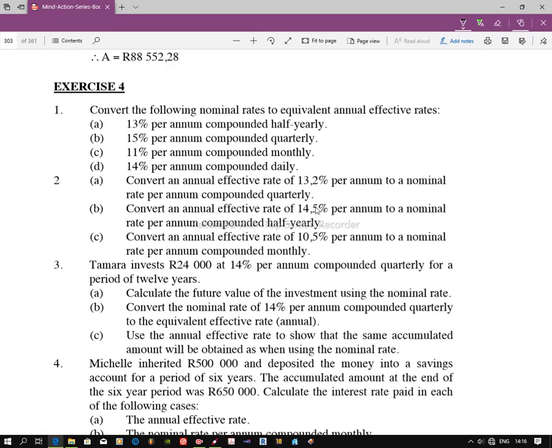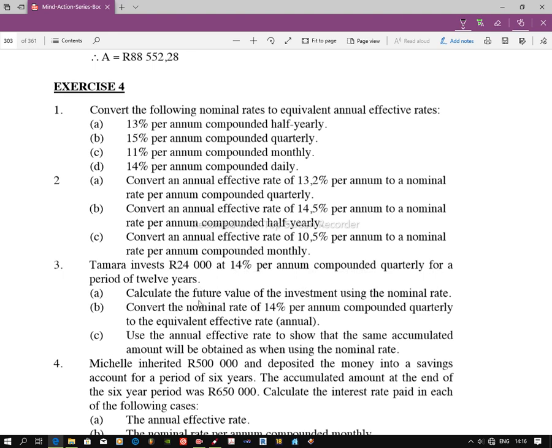So as we proceed with our lesson, I'm going to do number 3 from exercise 4 here, where Tamara invests 24,000 at 14% per annum compounded quarterly for a period of 12 years.